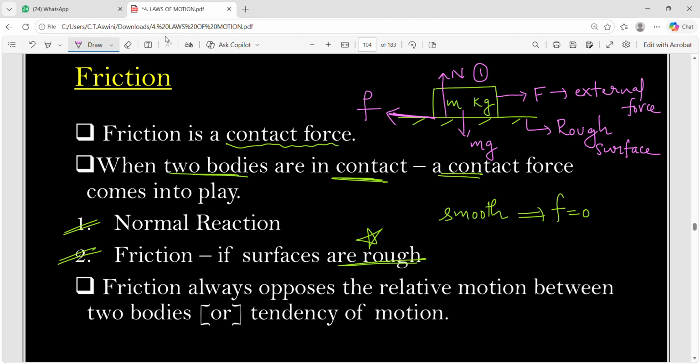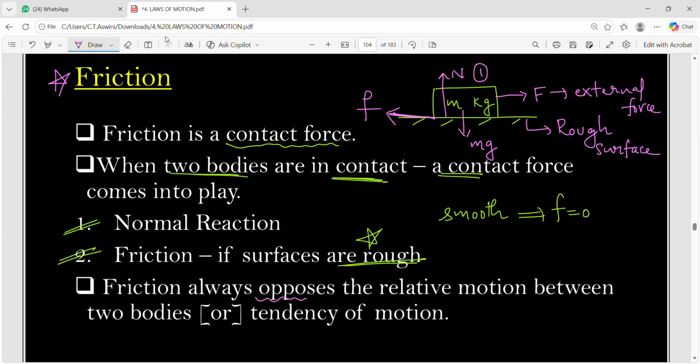So at this contact, there will be a force which will be in the opposite direction to the external force. And what is this opposing force? That is your frictional force. So frictional force and normal reaction are both contact forces because in both of these forces, you can see the contact between two bodies. Our topic is friction, so we'll focus more on friction.